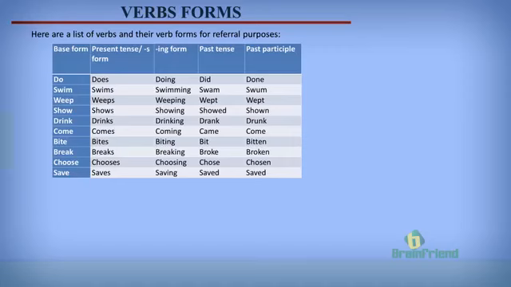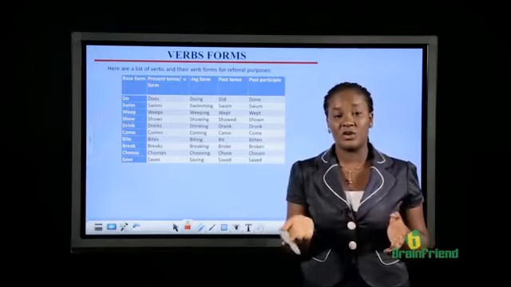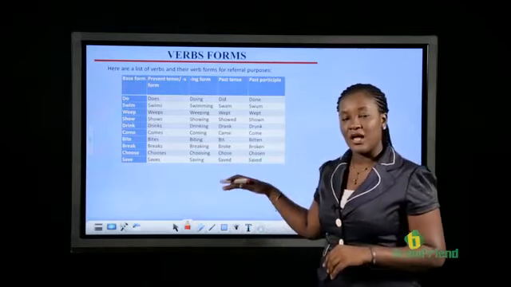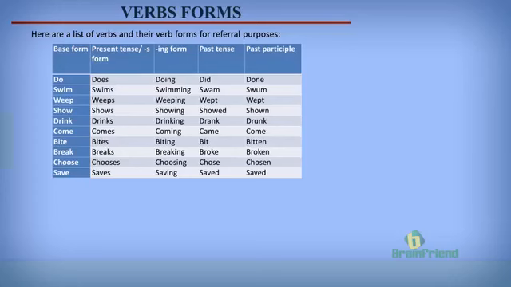Now here is a list of verbs and their verb forms for us to look at, for your study time, at your leisure. You can study this table and know these various verb forms. Here we have 5 columns. The first one is base form, and these are all verbs in their base form. The second column is present tense form or S form.